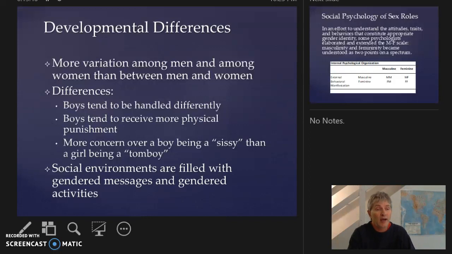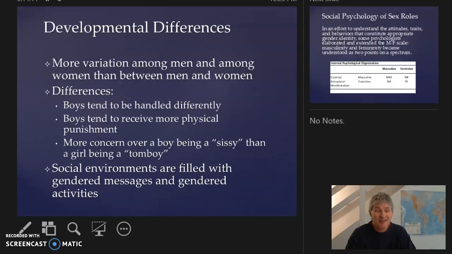So there's a greater range and difference within the Caucasian category and within the African American category than there is between the two categories themselves. This is the same way with gender, and we have to continue to remind ourselves that we are more similar than we are different.